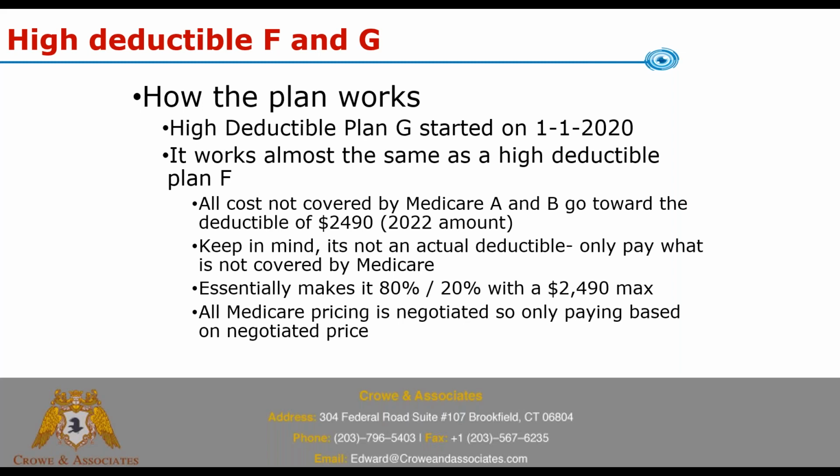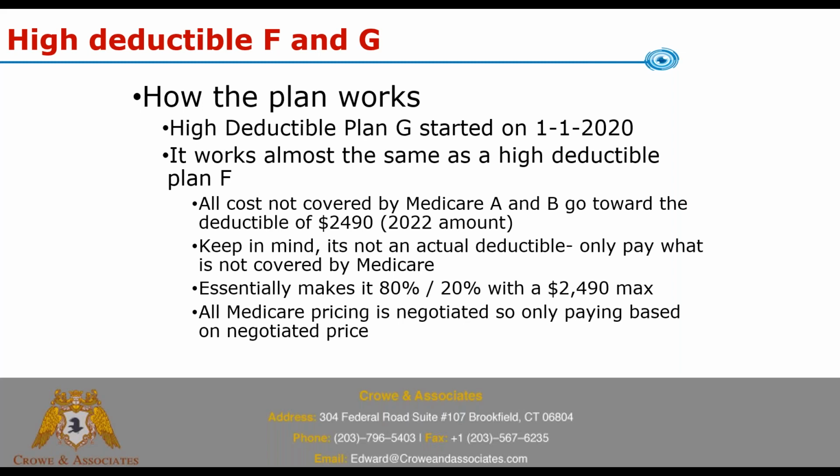That'll be the amount. A quick thing is, I think a lot of times people mistake the $2,490 out-of-pocket max on the high deductible G or F as an actual deductible, and it really isn't. I think of a true deductible as something where the first $2,490 of care goes towards that deductible, and you're just pure out of pocket for that expense.